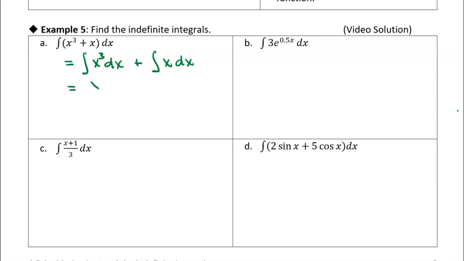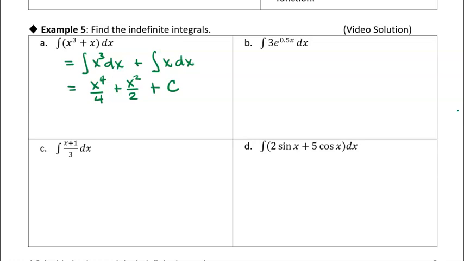Now, this is going to give me x to the 4th over 4. Now, I could put a plus c, but I'm not because I'm going to have another plus c here. So this gives me x squared over 2, and then I'm going to add a plus c, because if I have two arbitrary constants and I'm adding them together, it's just another arbitrary constant. So I'm just going to use one arbitrary constant for this antiderivative.